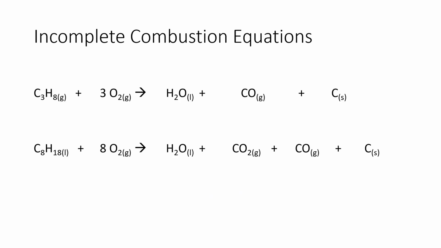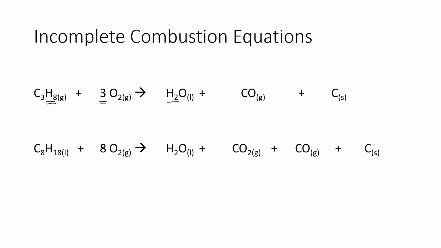So here are a couple examples of incomplete combustion equations. If you remember from the previous balancing we did with complete combustion, with the propane here we needed 5 oxygens and we only have 3. So that means we're going to have different products in order to satisfy that limited number of oxygens. So we'll start with the hydrogen here. We have 8 hydrogens.